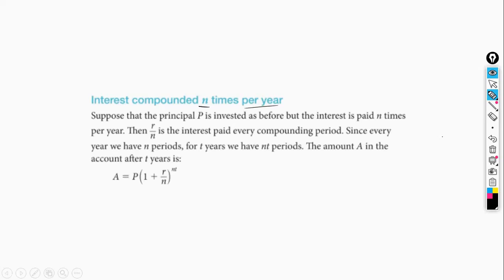Notice that the principal is invested, but the interest is paid n times per year. So then R over n is the interest paid every compounding period. Since every year we would have n periods for t years, we would have n times t periods. So that helps us derive the formula for the amount as equal to the principal times 1 plus r divided by n to the power of n times t.